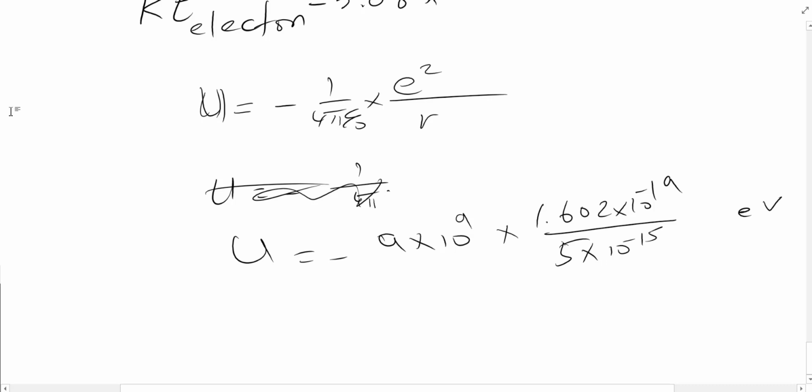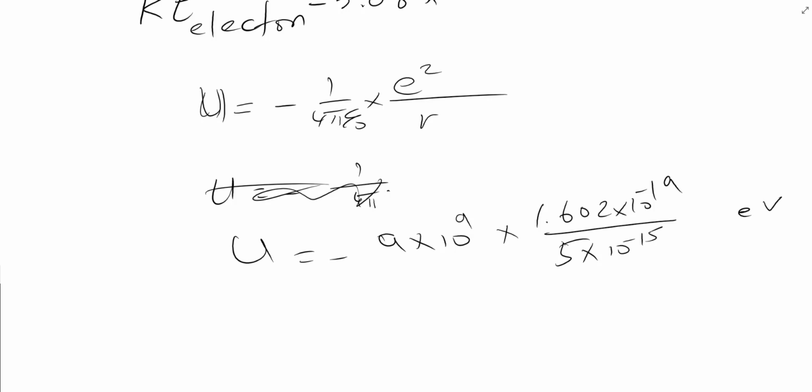So plug in these numbers in a calculator. That should give me how much potential energy, how much strength the electron is being held by the proton in that location. So it's going to be 9 times 10 to the power 9, that is the constant for the vacuum, times the charge of the electron 1.602 times 10 to the negative 19.